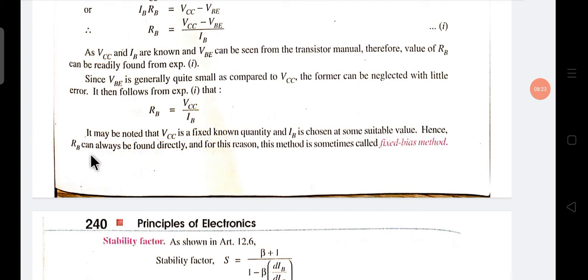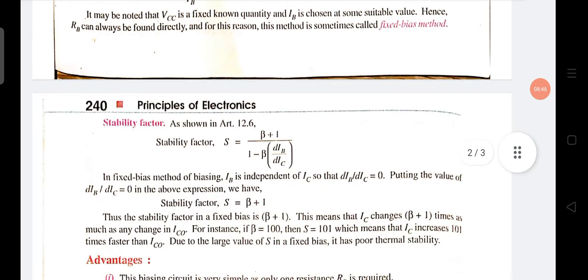Hence RB can always be found directly, and for this reason this method is called the fixed bias method.